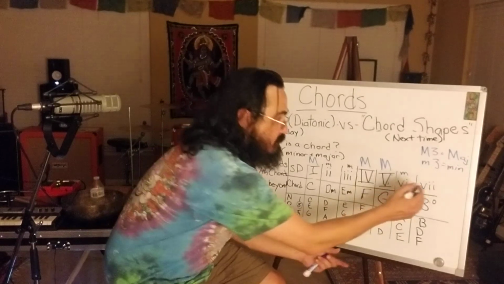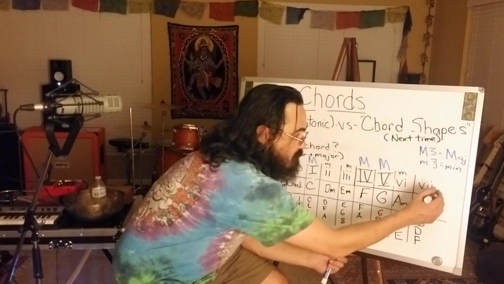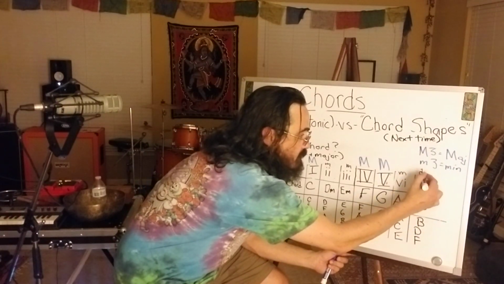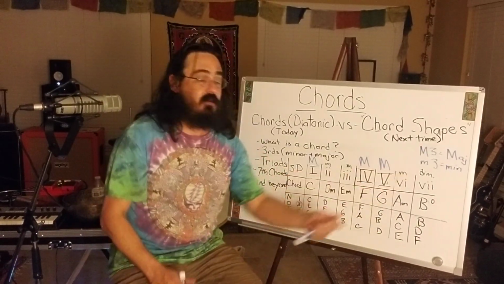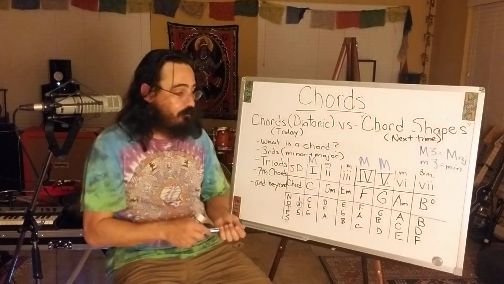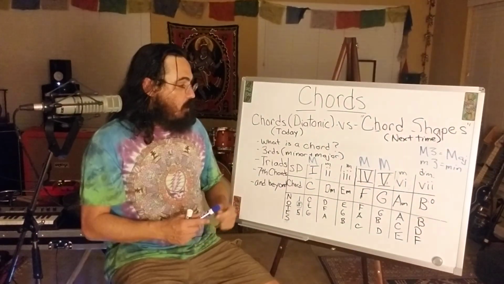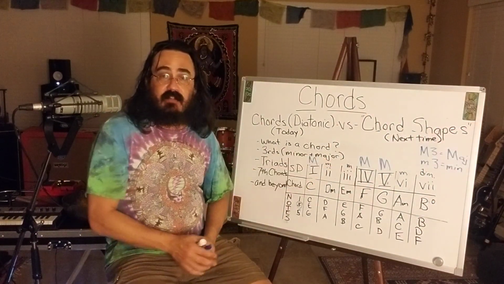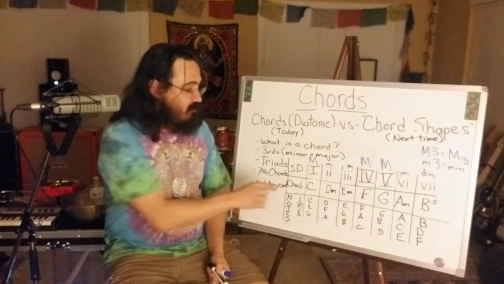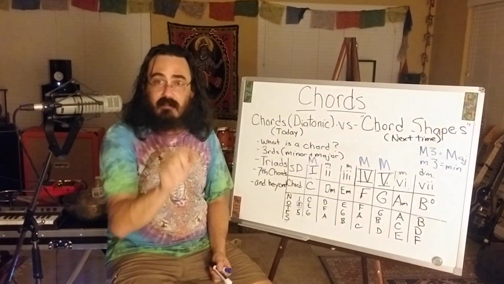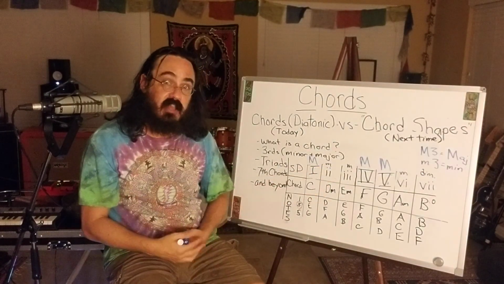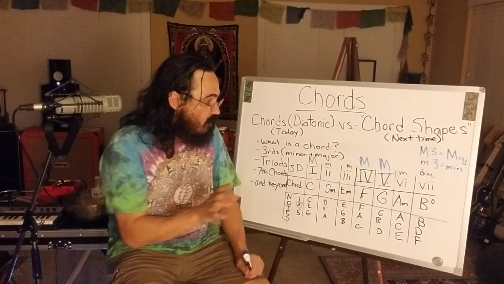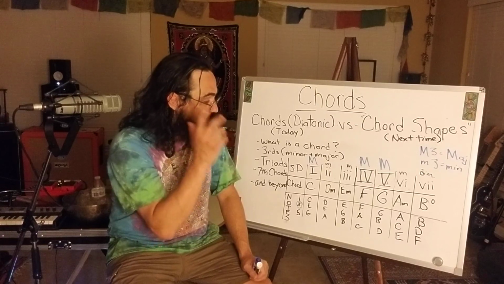And again, this is a special case. This circle here means diminished, so you'll see it written with a circle or DIM. For minor, you'll sometimes see a little hyphen instead of the M, or it'll just be left alone, just the lowercase letters. If you've ever seen any of this stuff, that's what it's in reference to.